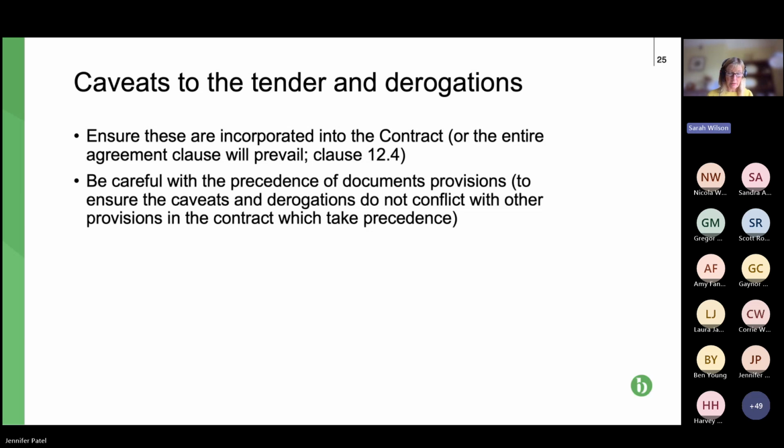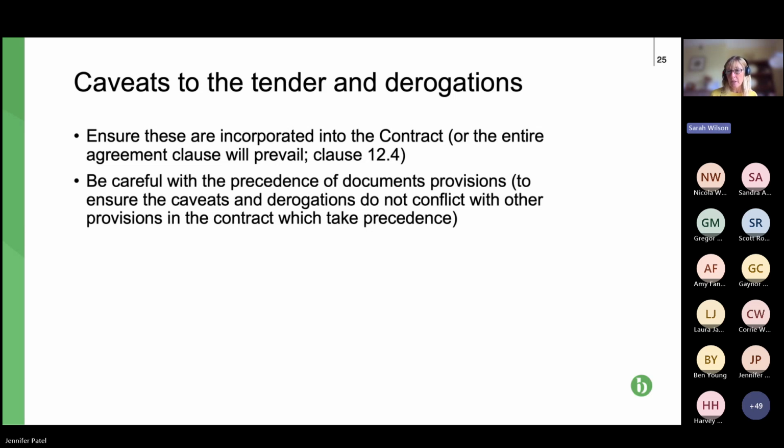So they need to go in the contract, and you also need to think about where they go in the contract. This is the second bullet point, because typically the contract will say the core clauses take precedence over any other clauses in the contract. And generally, actually, it says the NEC contract clauses take precedence.